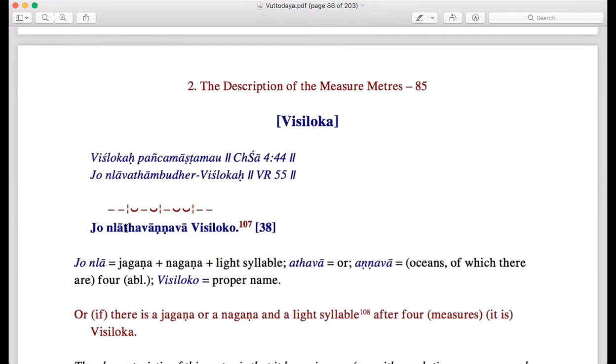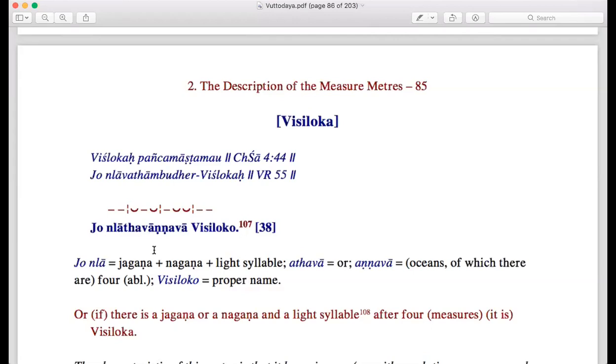Athava means or. So Jo Athava La means Jagana or Nagana and Lahu. Right? Where should be Jagana or Nagana and Lahu?